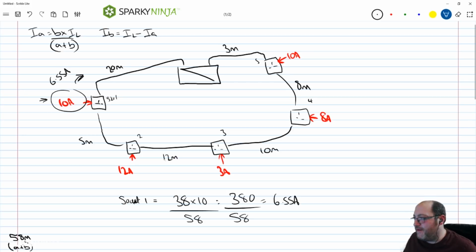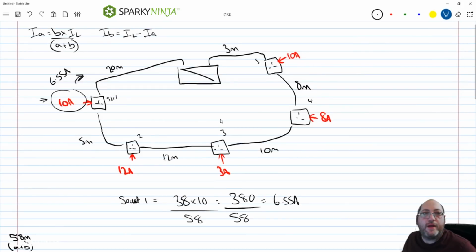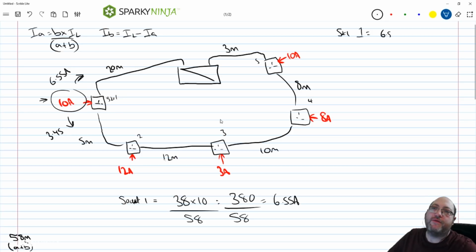And if there's 6.55 amp going that way, 10 minus 6.55 is going to be 3.45. Then that means there's 3.45 going that way around the ring. So socket 1 equals 6.55, 3.45, and that's the IA and that's the IB. Okay, that's the first socket worked out.